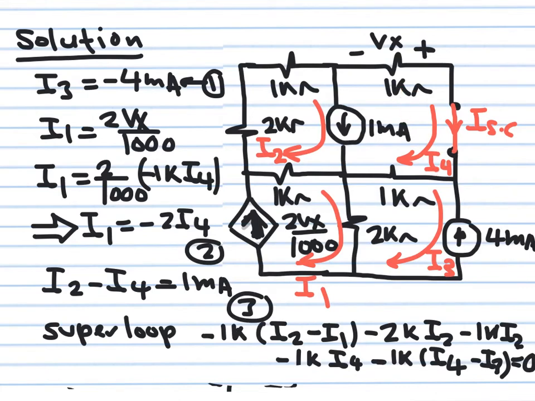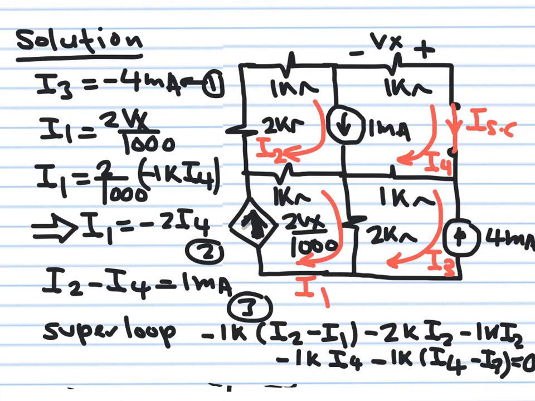So every time you see Vx in this analysis, replace Vx by minus 1K multiplying I4, and this is what I did here. So I1 is 2Vx over 1K, remove Vx, put in minus 1K multiplying I4, and you obtain another equation: I1 is minus 2 I4. I now have a first equation, and now I get a second equation.